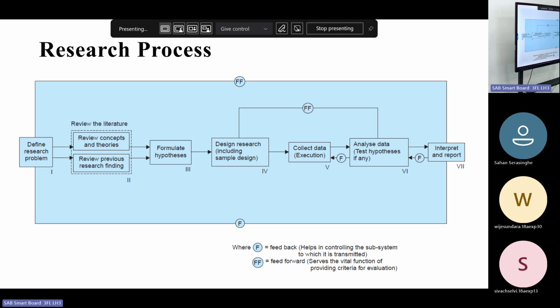What is the second step? Okay, you have identified the problem. What is the second step? Very good. So we have the objectives. Problems are converted to questions. Okay?